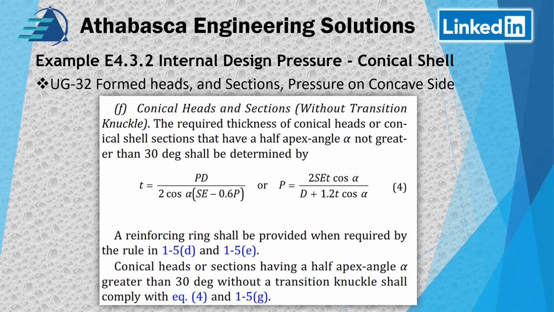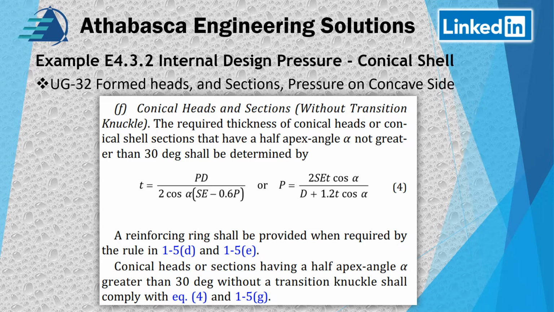There's also a reinforcing ring that shall be required when required by 1-5(d) and (e). In our example, the example given by ASME, they don't really touch on it, but I'm going to touch on it a little bit in this presentation.